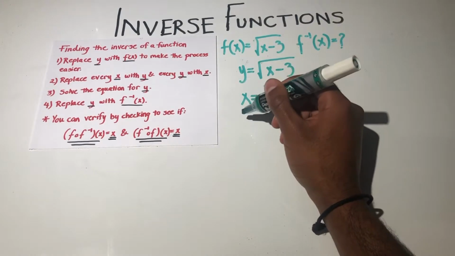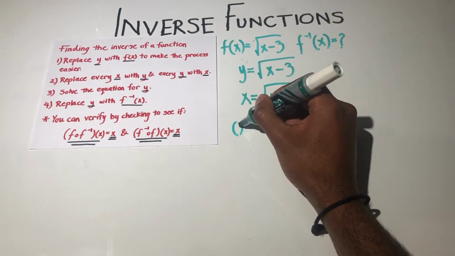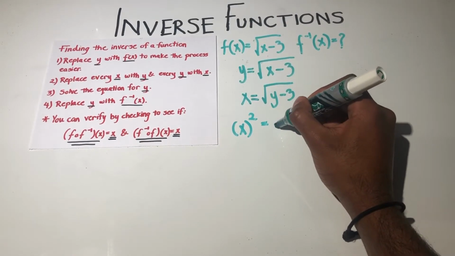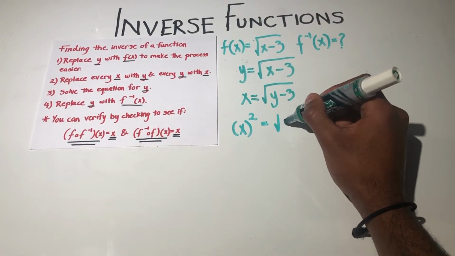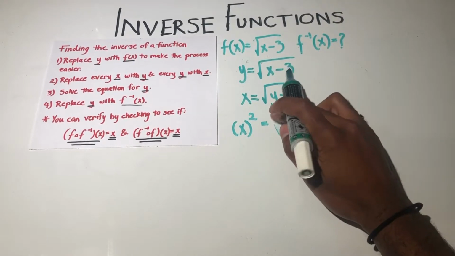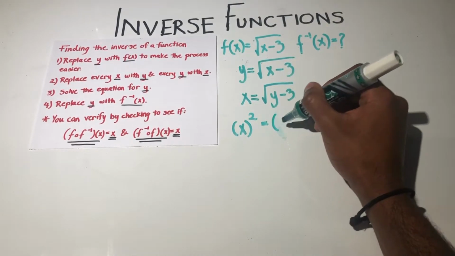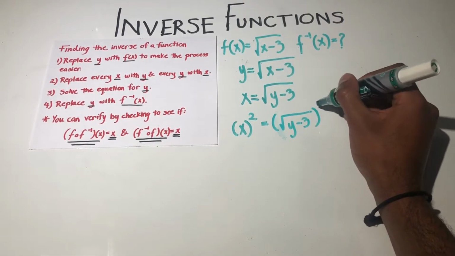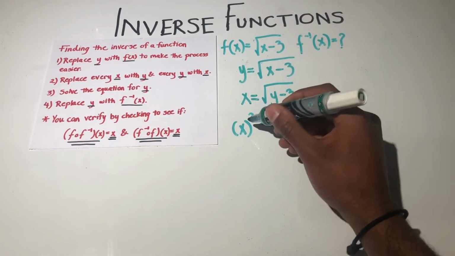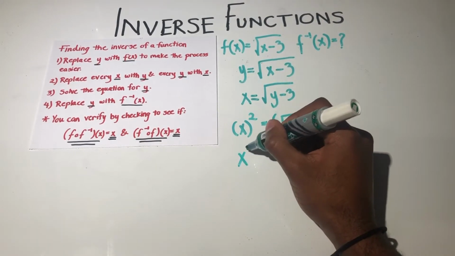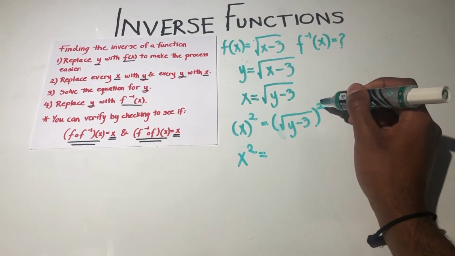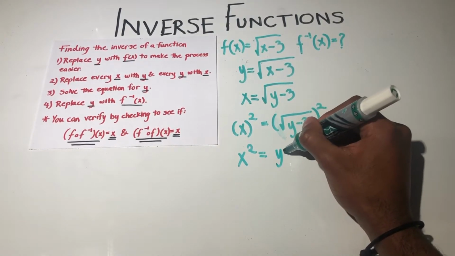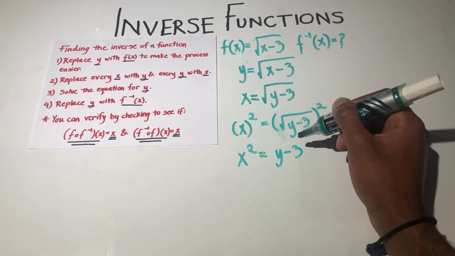If you square both sides, on the left you're going to end up with x squared. And on the right, you're going to end up with root y minus 3, all of it squared. And if you square a radical, that's just going to get rid of the radical. And then you're left with y minus 3.